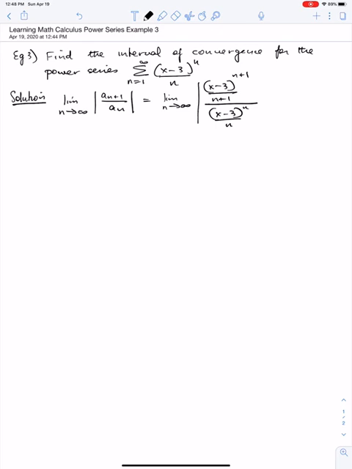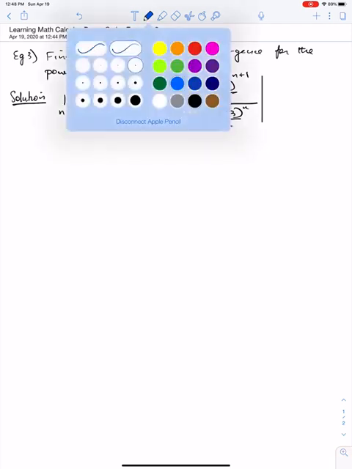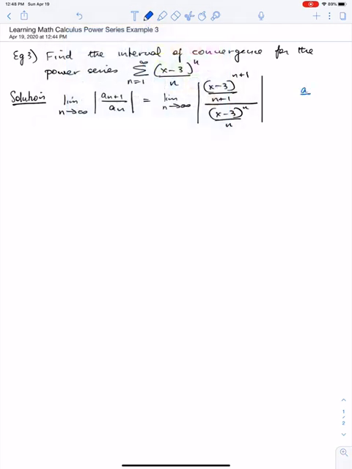The absolute values. I might forget the absolute values, not a big deal, but they're there. It matters at the end. Then we'll use fraction arithmetic, a over b all over c over d: you flip the denominator, a over b times d over c, right?